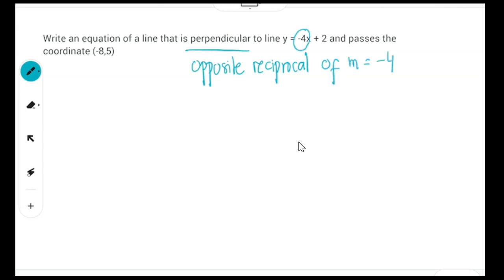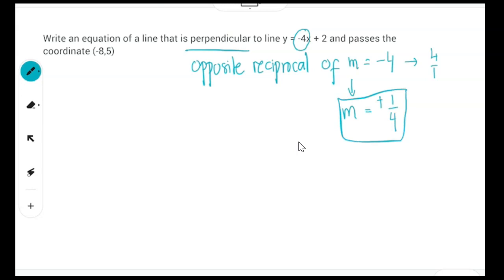This slope is negative 4. So we're going to find the slope. Opposite will be positive, and then we do reciprocal. Because it's positive 4, we're going to have to flip it, but we need a fraction, so we make it into 4/1. Then it's going to be positive 1/4. So that's the slope of the line that we're looking for.